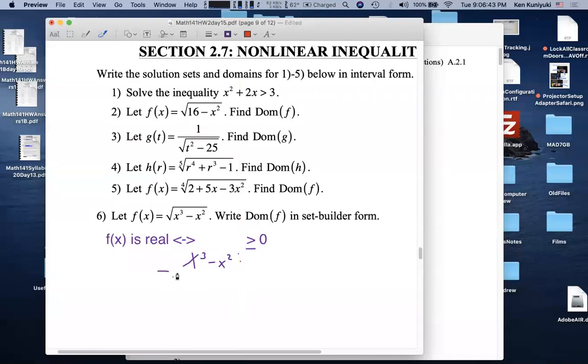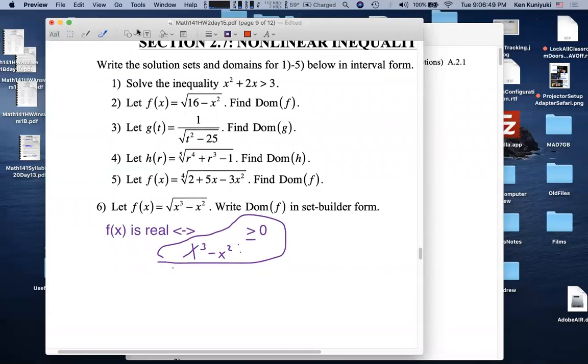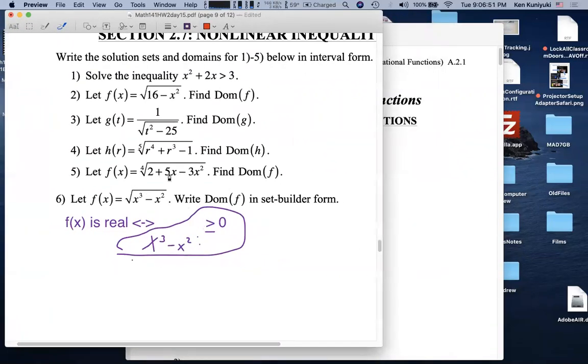So f of x is real if and only if the radicand x cubed minus x squared is non-negative. So here's the deal. As I did with these quadratics, quadratics graph as parabolas. Cubics graph as snakes, right? So let's consider the graph of y equals x cubed minus x squared.